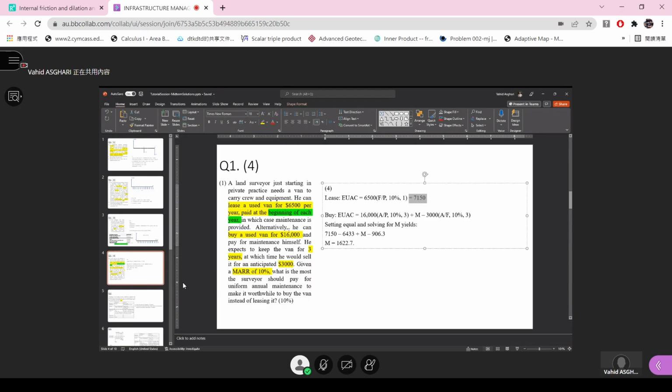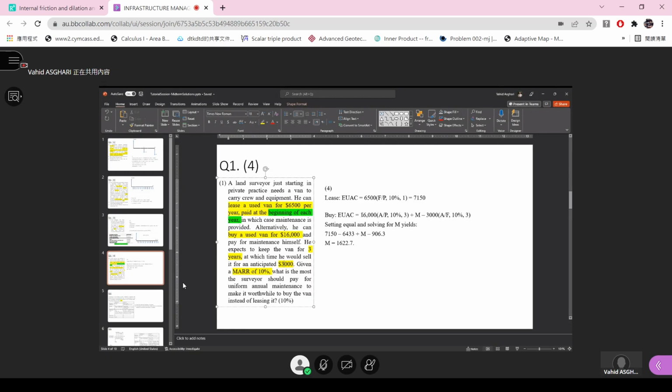What about buying? If you buy something, he has to pay $16,000, it's going to be there for 3 years, and the salvage value, or he can sell it for $3,000. And there will be some annual maintenance cost.